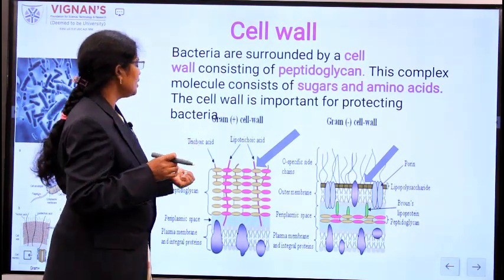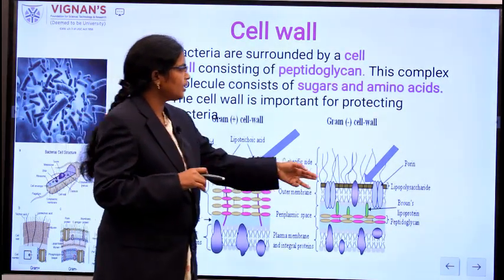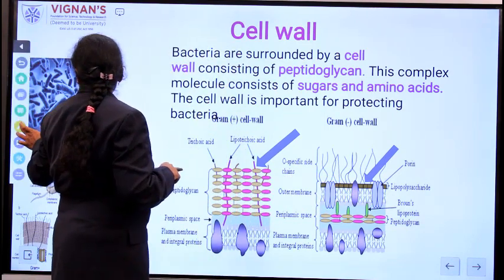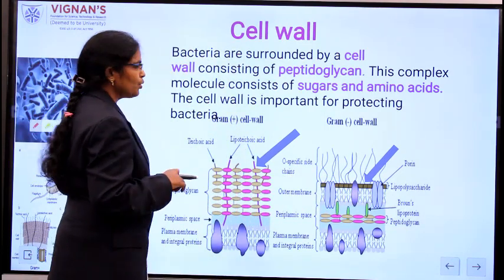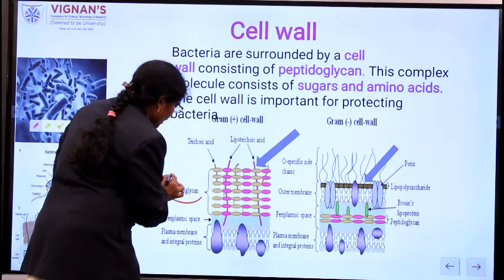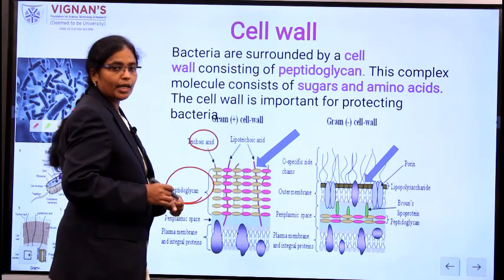If you observe here, this is the gram-positive cell wall and this is the gram-negative cell wall. The gram-positive cell wall consists of peptidoglycan and a little amount of teichoic acid.